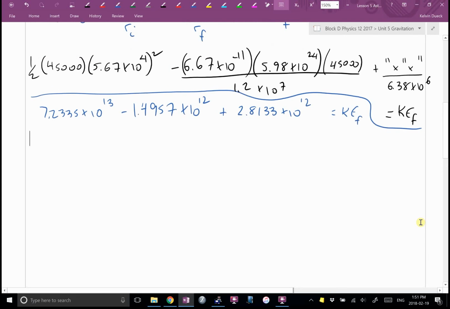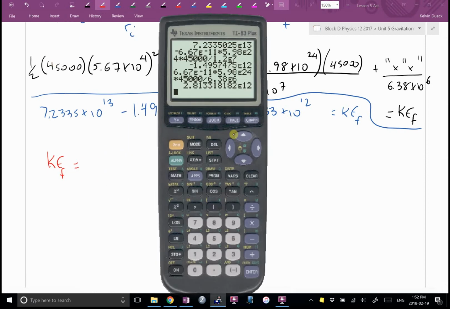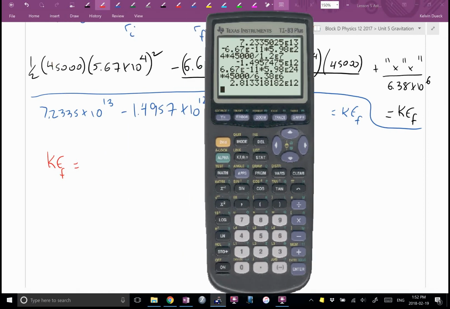Add them up. You know what? This is big enough that it should be in red. All right, I got that number.